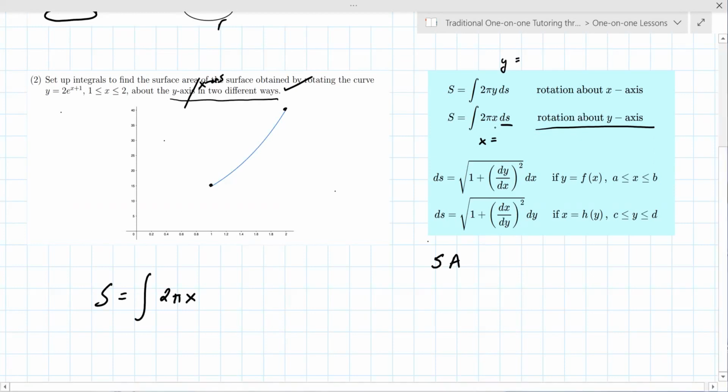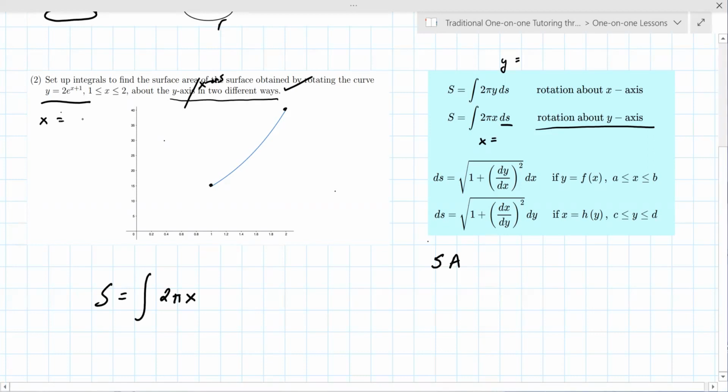From what I remember, let me just do a quick check. In this problem, x really isn't x. So the first one we're doing, we need to solve this for x.